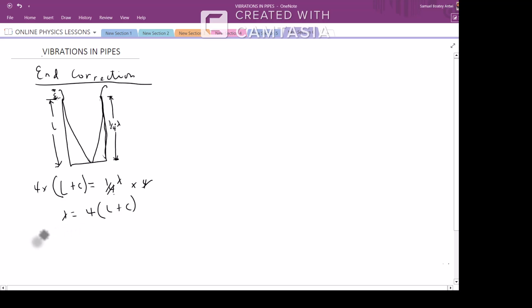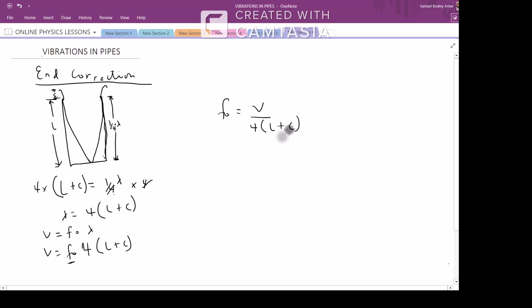When we substitute this into the equation, V equals F naught times lambda, where lambda is now 4, open bracket, L plus C. Making F naught the subject, it becomes F naught equals V over 4 times L plus C. So you see, it hasn't changed much.